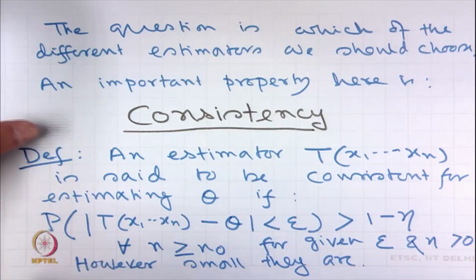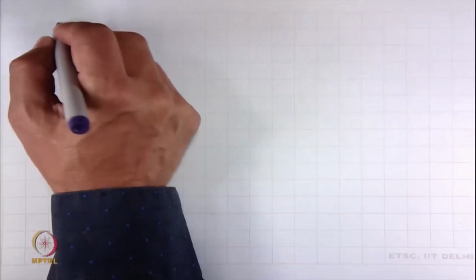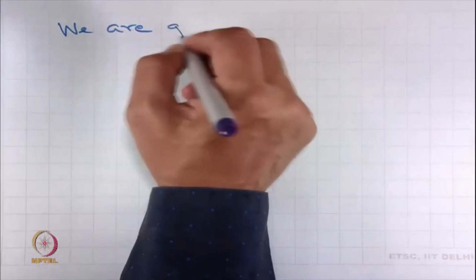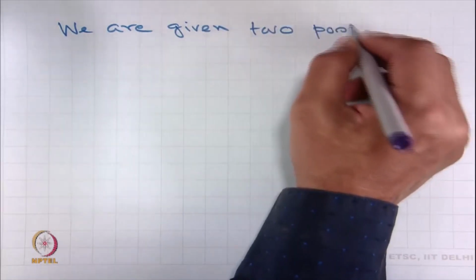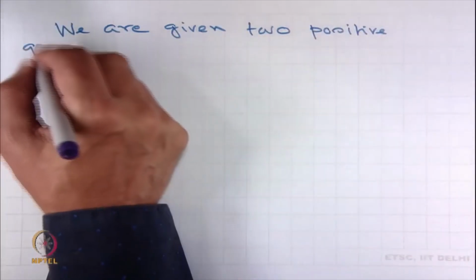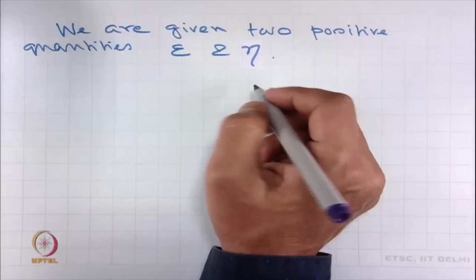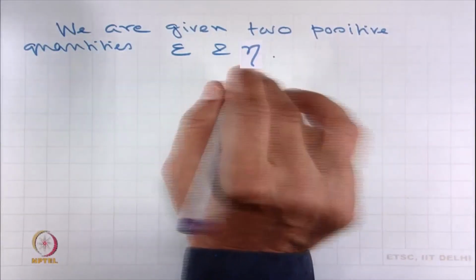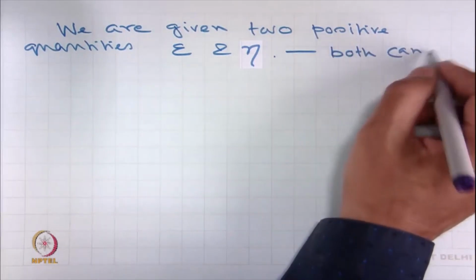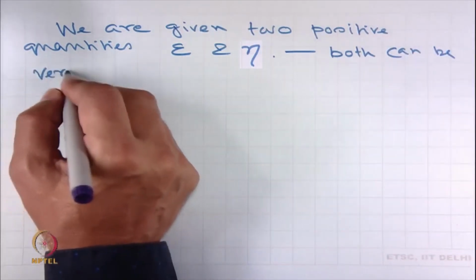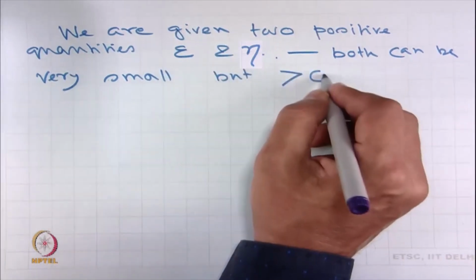Let us understand what it means. We are given two positive quantities epsilon and eta. They can be very, very small, but greater than 0.